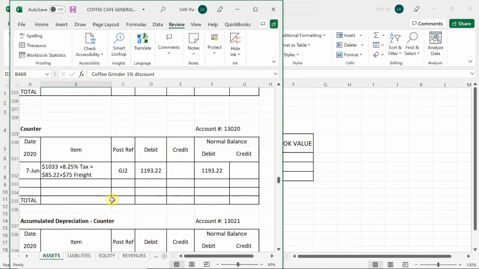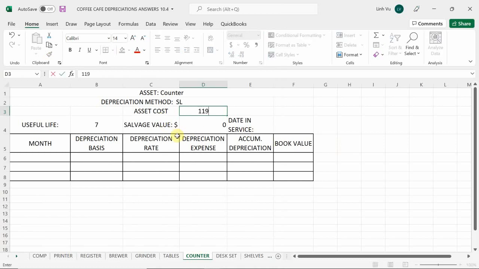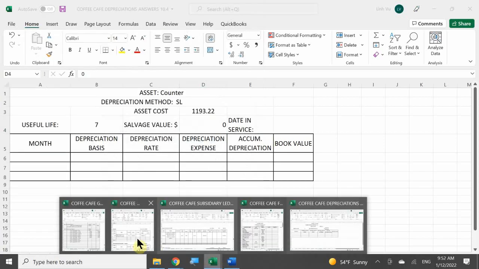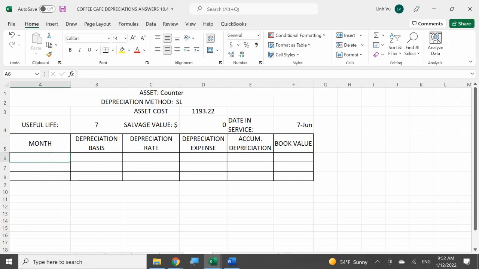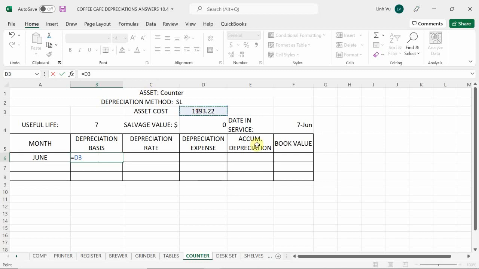My counter is $1193.22. And we got it on June 7. So my depreciation basis is going to be 1193.22.